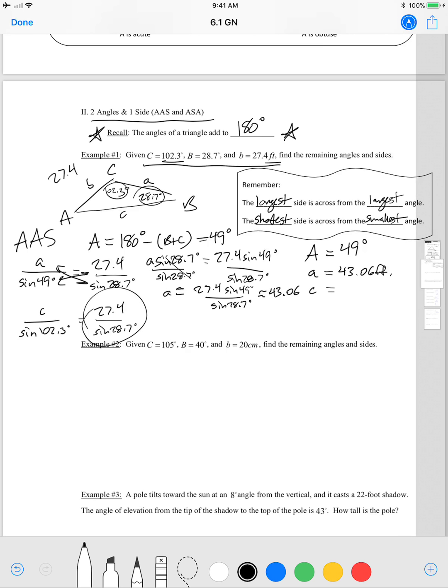I just solved for the side length, so it's more proper to use the exact measures that I was already given. So if I solve for C just like I solved for A, then C equals 27.4 times the sine of 102.3 degrees all over the sine of 28.7 degrees. So C is about 55.75 feet.